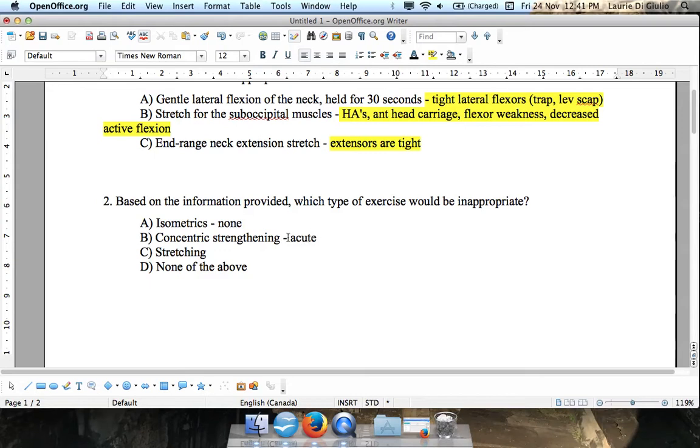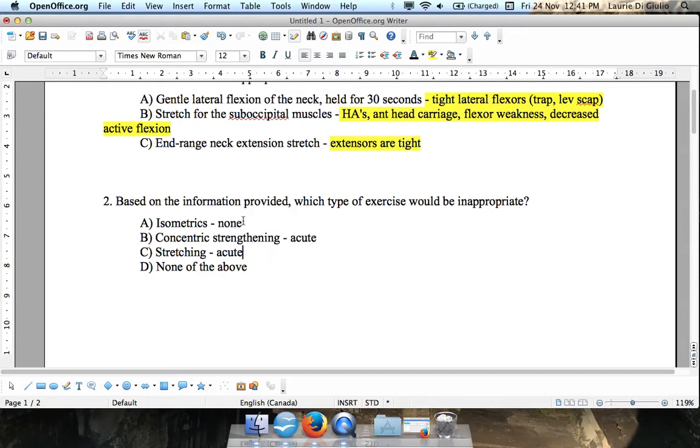Well, that's acute, right? Acute is the only stage of healing where we wouldn't do a concentric. We do it in subacute and we do it in chronic. What stage of healing is stretching not appropriate for? Again, that's acute. Acute is a stage of healing where we wouldn't do any stretching. So that would be inappropriate.